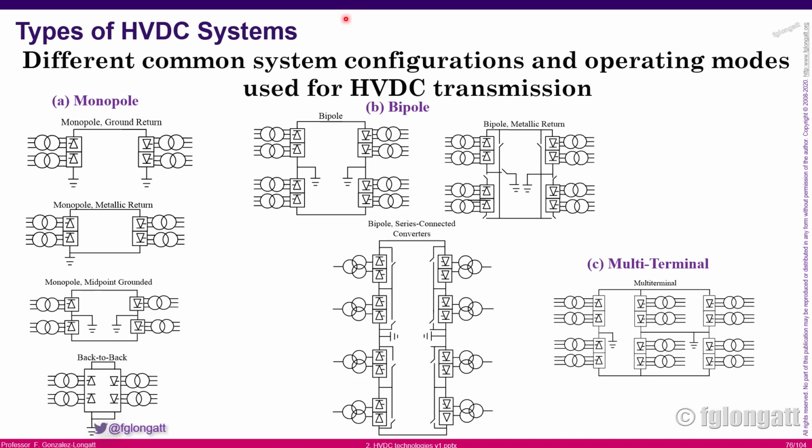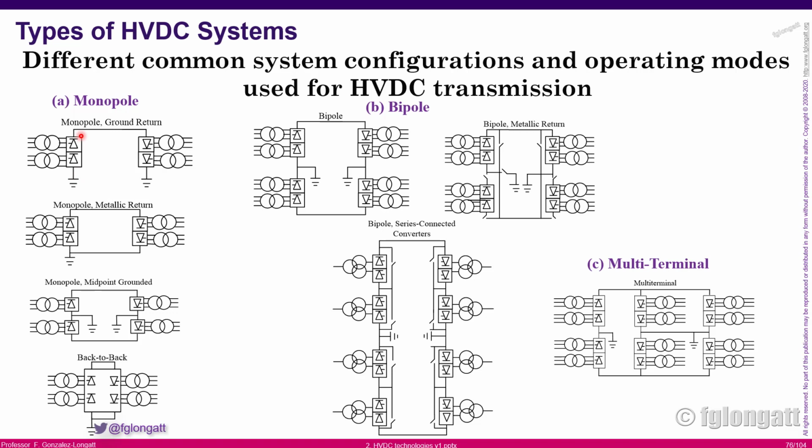Here at the left-hand side, you can find the classical monopole configuration, okay? The monopole is basically because we have a signal between a reference and a positive or negative voltage, okay? In this case, you can see the reference here, like the grounding point, and you can have a pole, and that could be positive or negative depending on the interest, okay?